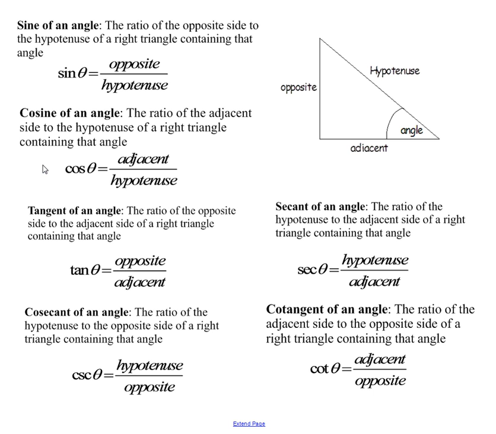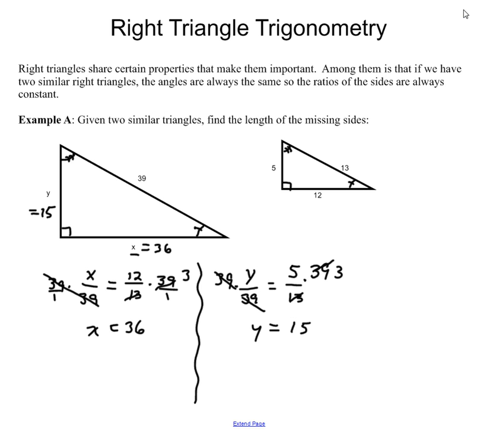Cosine of an angle is the ratio of the adjacent side divided by the length of the hypotenuse side. Again, we used that when we were solving for our length x in our similar triangle problem. So you can see that, in fact, if I go back a slide right here, we can see that our ratio right here was for, let's call this angle, I'll use the Greek letter theta.